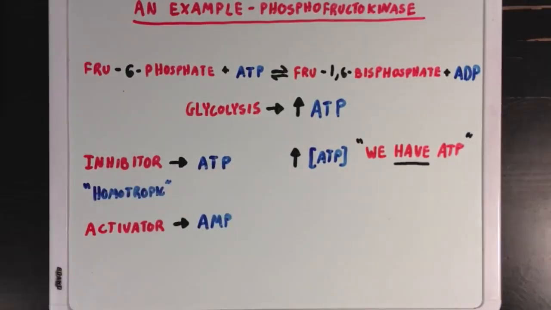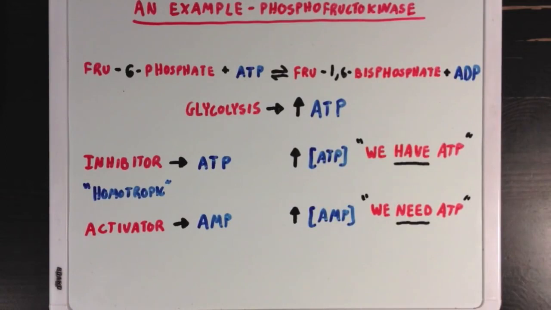Now, AMP, which is used up ATP, is an activator for phosphofructokinase, and this also makes sense because if AMP levels are high, then ATP levels are probably low, and it's like the cell saying, we need ATP, so we do need phosphofructokinase to push glycolysis along. Now, since AMP is a regulating molecule but not an active site substrate for phosphofructokinase, it would be considered a heterotropic activator, since the substrate and regulator are different.